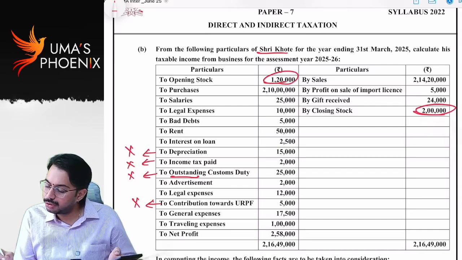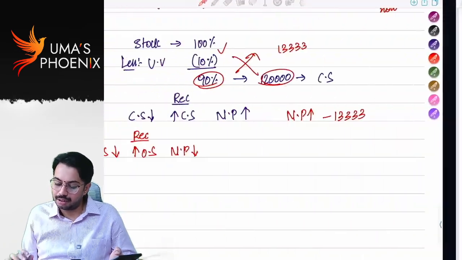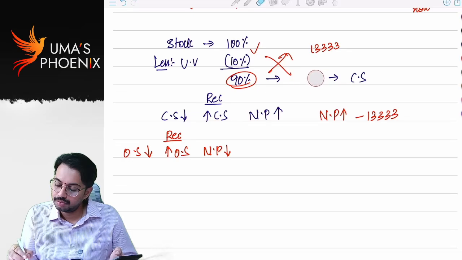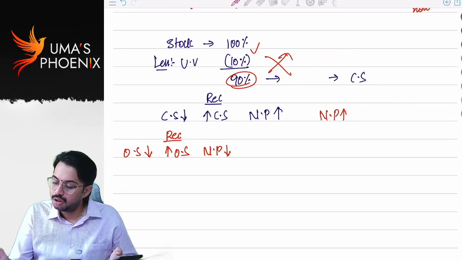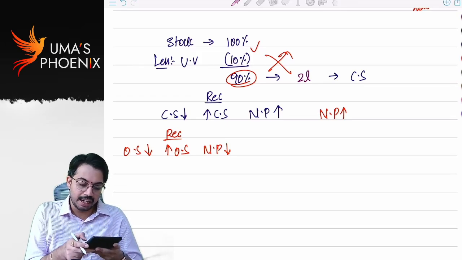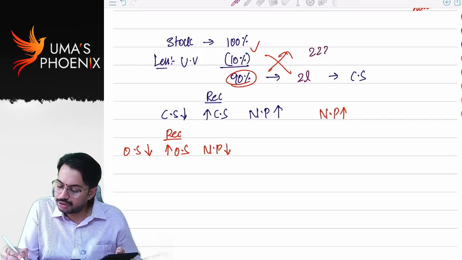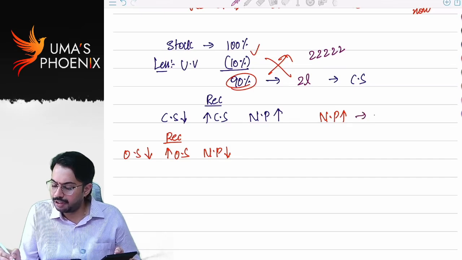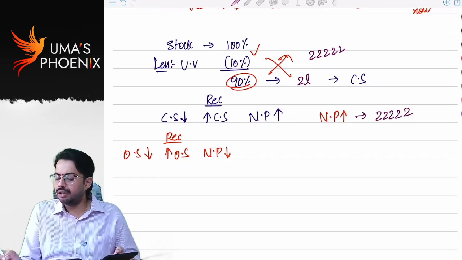Closing stock is 2 lakhs, right? I did a mistake. Hold on. Closing stock 2 lakhs. 2 lakhs divided by 90 into 10. 22,222. So net profit should be increased by 22,222.